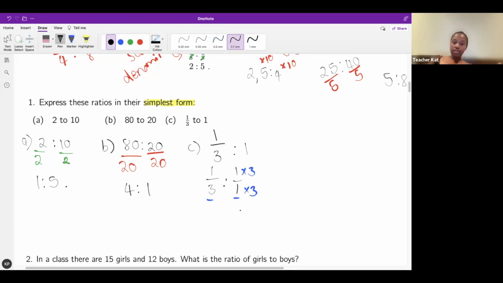So then I'm going to have 1 over 3 to 3 over 3. Once we have our denominators the same, what did I say we can do with them? We can just take them out, get rid of them. So that means my ratio is indeed 1 to 3.